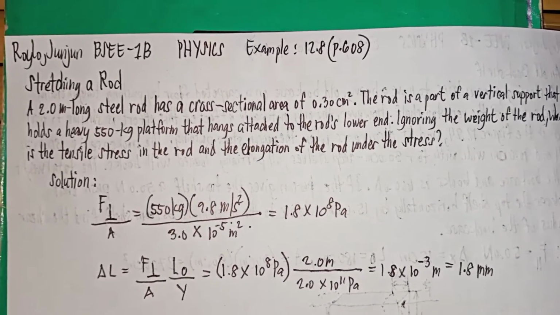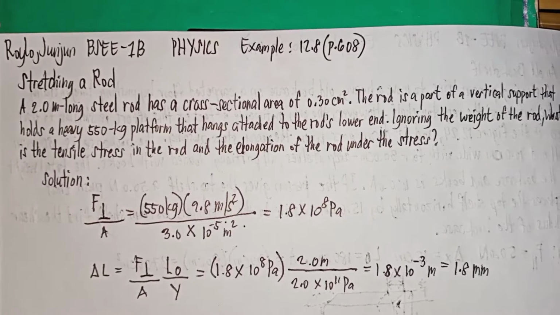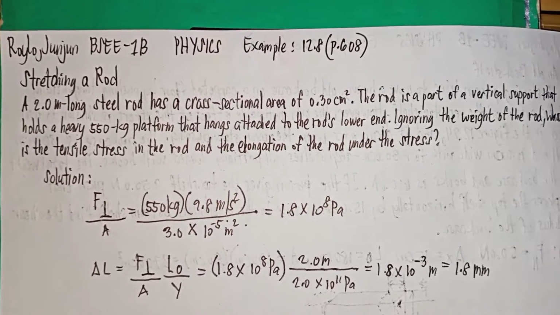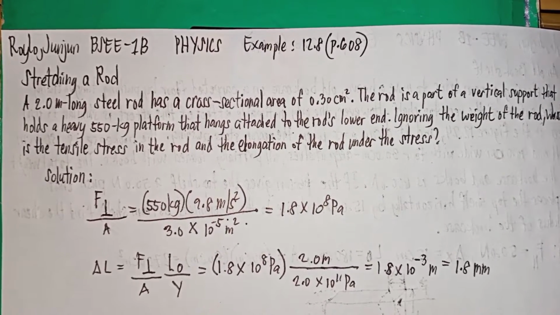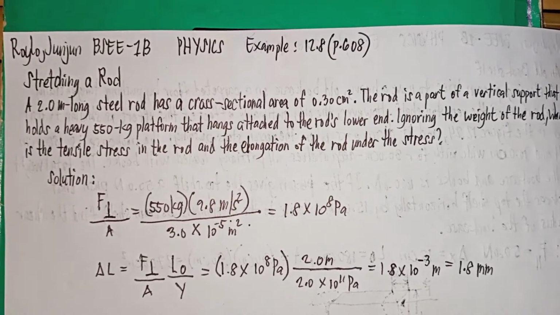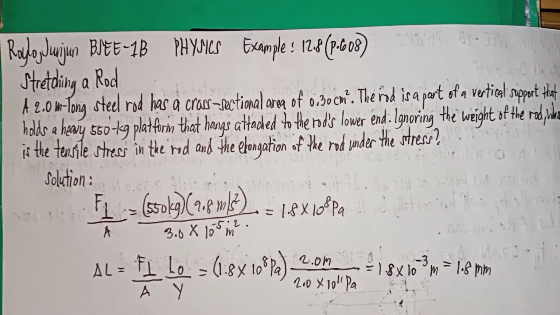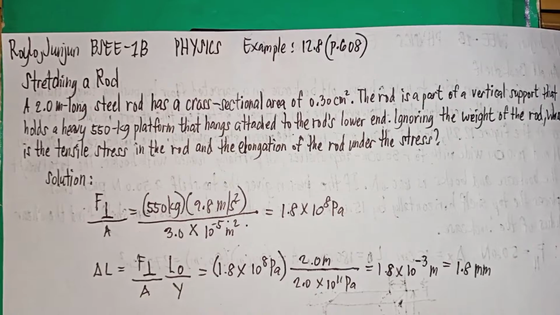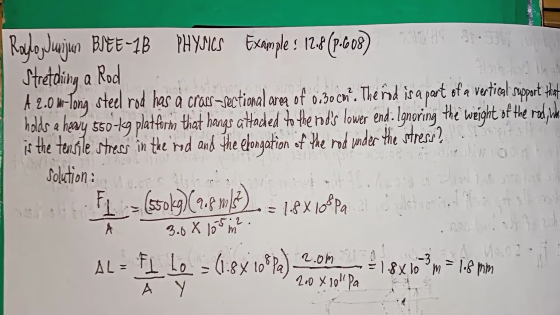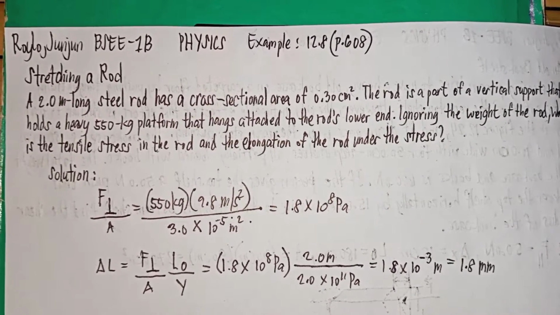First, we're going to compute the tensile stress in the rod under the weight of the platform in accordance with the equation. Tensile stress equals the force acting perpendicularly to the cross-section of the object over the area of the object.